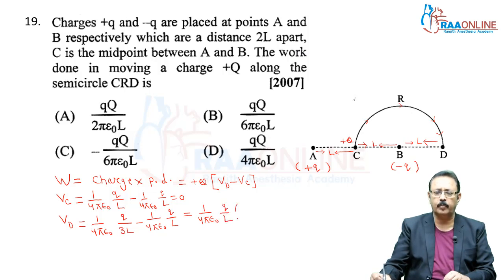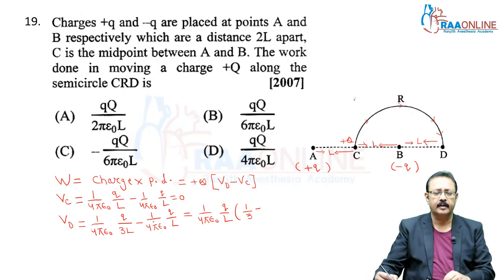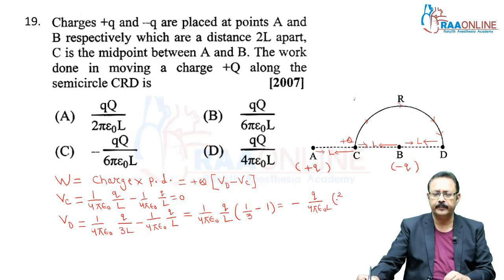What you will get? 1 by 3 minus 1, so we are getting minus 2 by 3. So minus 2 by 3 times q upon 4 pi epsilon naught L, and the number is 2 by 3.